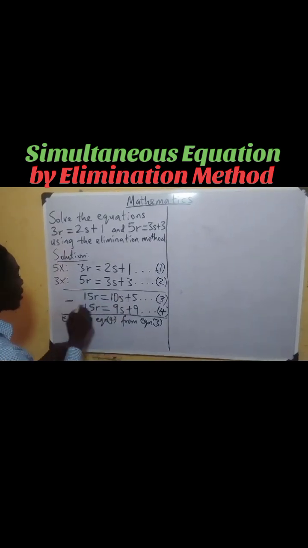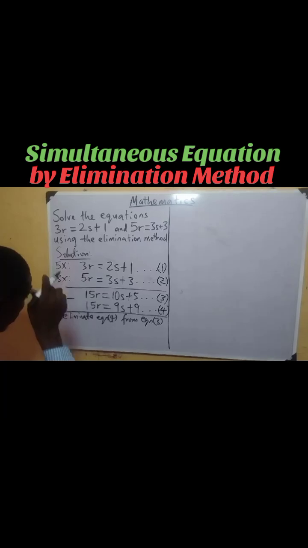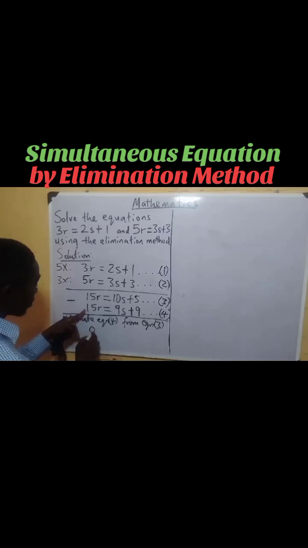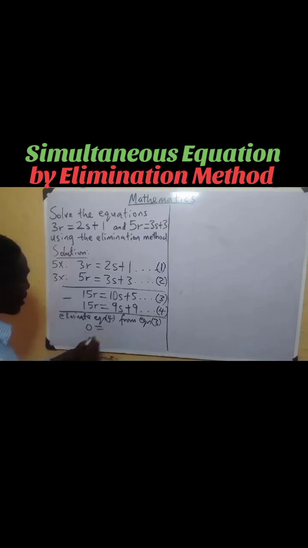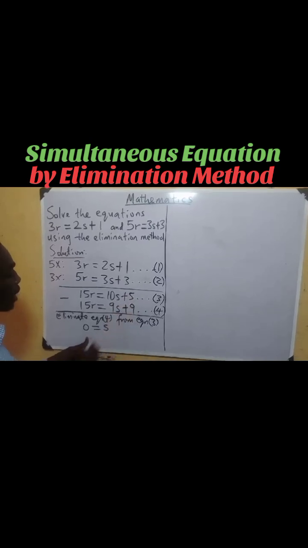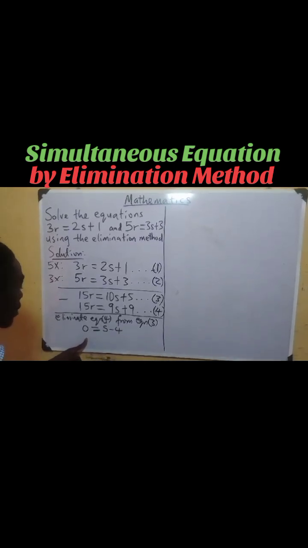That means everything in equation 3 minus everything in equation 4. So here we go. 15r minus 15r gives us 0, equals 10s minus 9s gives us 1s, which is equivalent to s. Then plus 5 minus plus 9 gives us what? Minus 4.